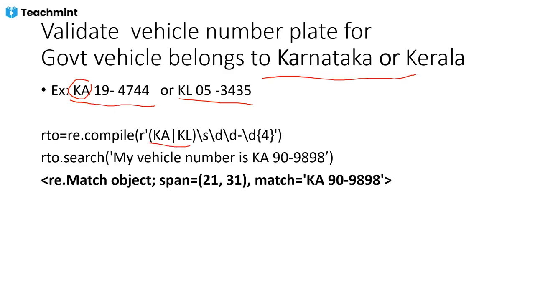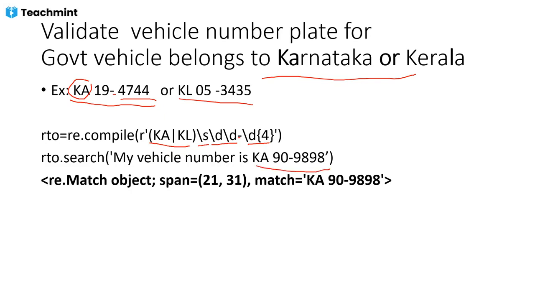Next a space, then two digits, then a hyphen, then four digits. So the syntax is KA or KL, space, two digits, hyphen, four digits.